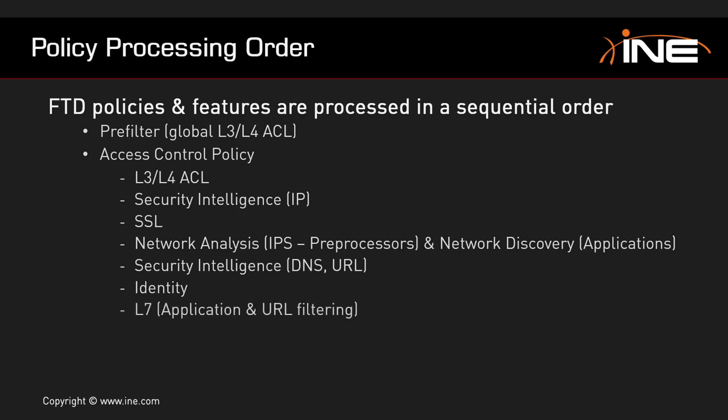We have layer 7 application inspection, like for example URL filtering or just controlling the communication based on the detected application. Next is file policies, file control, and advanced malware protection for dealing with individual types of files and malware. And finally, we have intrusion detection, the Snort engine.